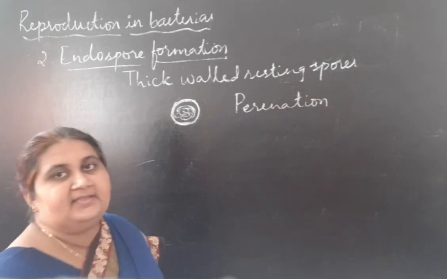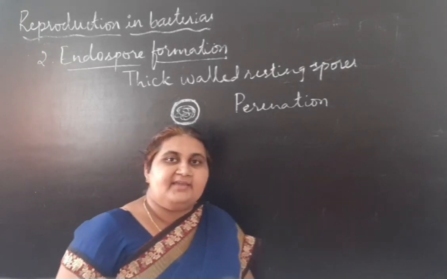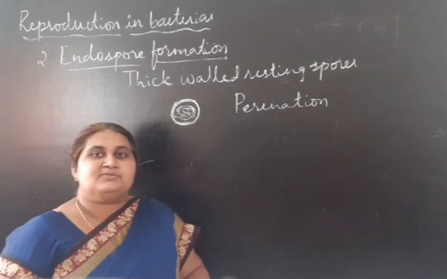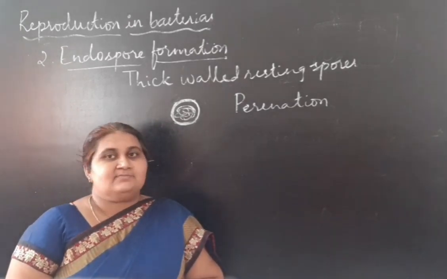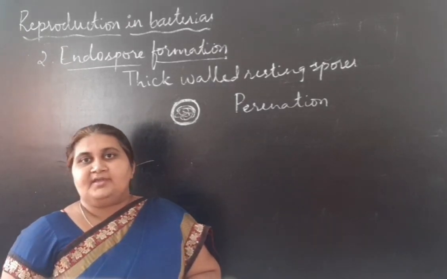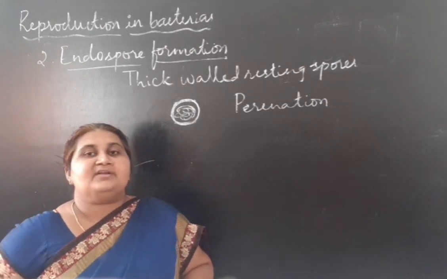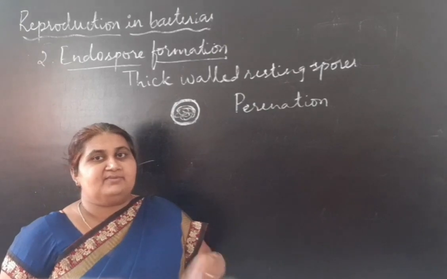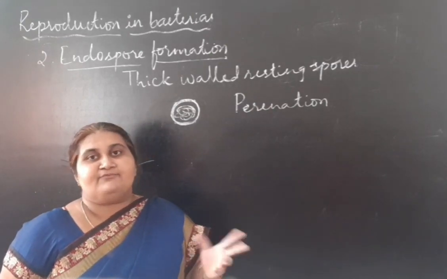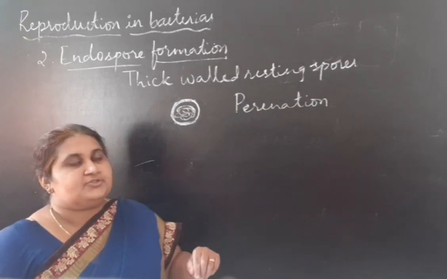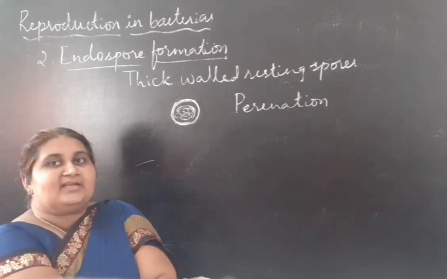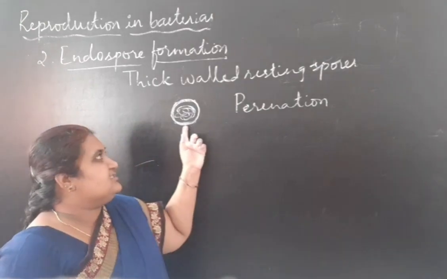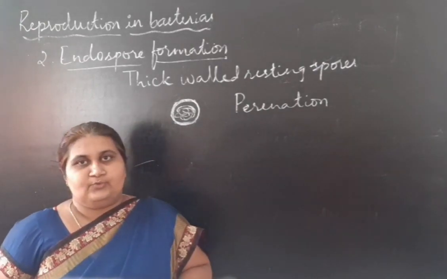What is perennation? A means of survival during unfavorable conditions. When conditions become unfavorable, the organisms cannot die; they have to survive. How can they survive? They choose some ways by which they can overcome unfavorable conditions. So this bacterial cell, to overcome extreme, adverse conditions, produces the thick-walled spore.